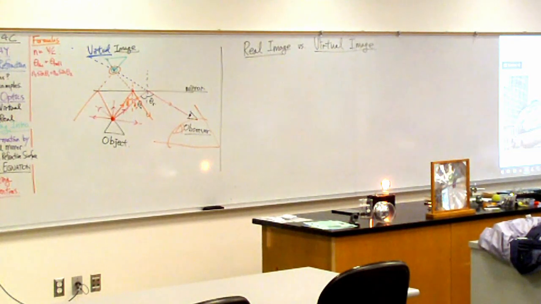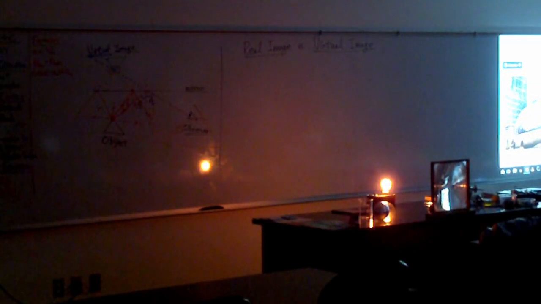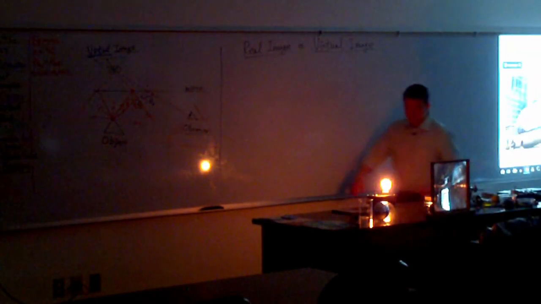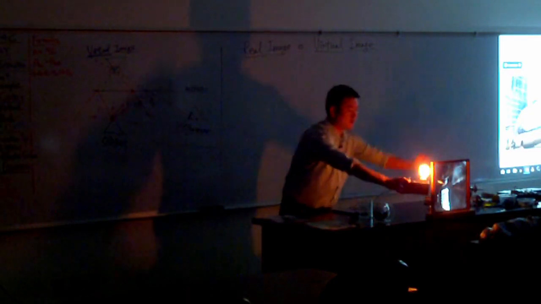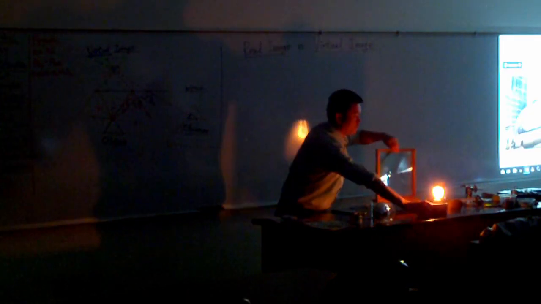I can do it more easily if this room isn't so bright, so let me bring down the blinds and turn off everything here. I think that'll be dark enough. I'm going to flip this around so that now the source of light is over here, and I'm going to try to form a real image on this side.